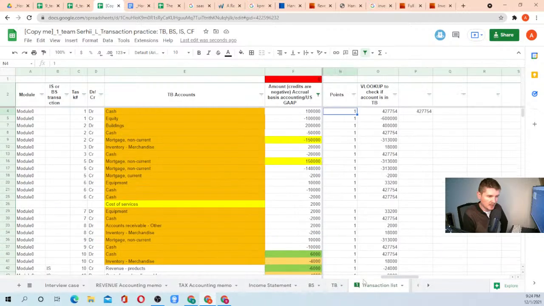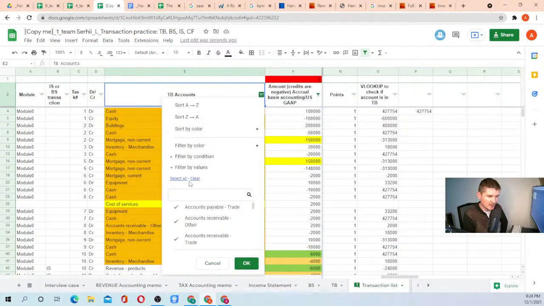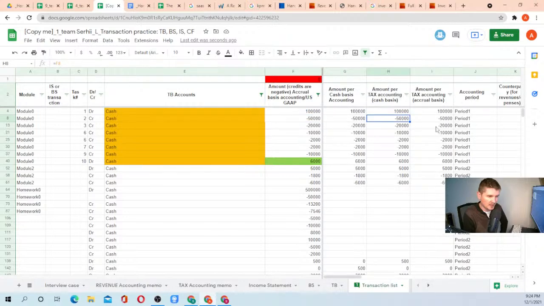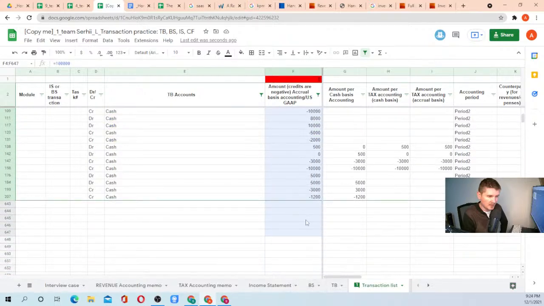And if you go back to the transaction list and select cash, at the end of our third period we have periods here.